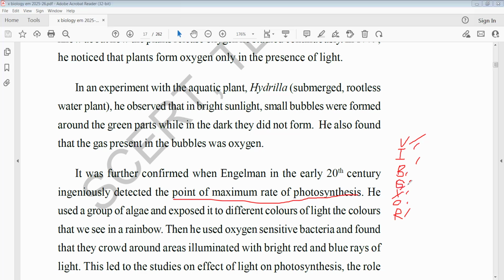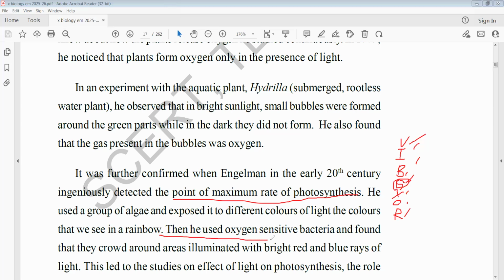Green color is rejected by the plant. So there is a question, why are plants green in color? Because plants reject the green, they appear green in color. All other types of light are absorbed by the plant.